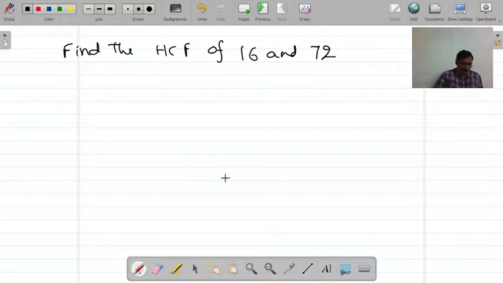Try it in your notebook and let me know what answer you got. Find the HCF of 16 and 72. Try that.